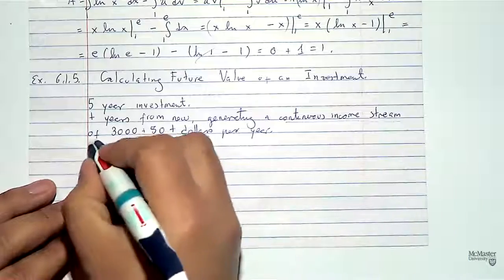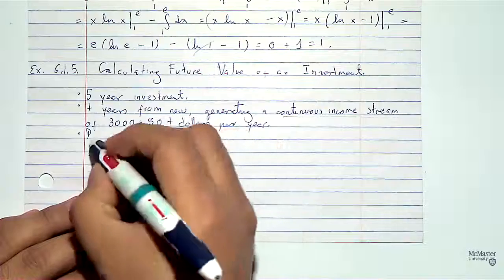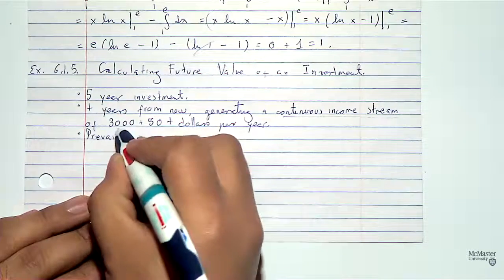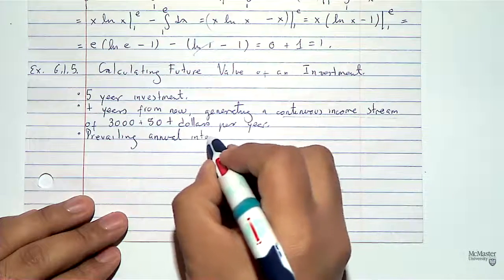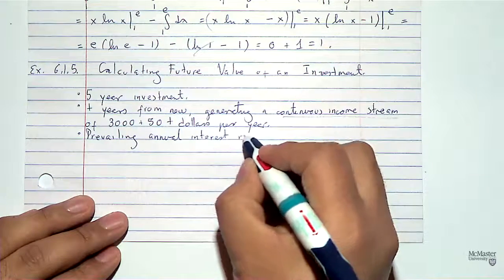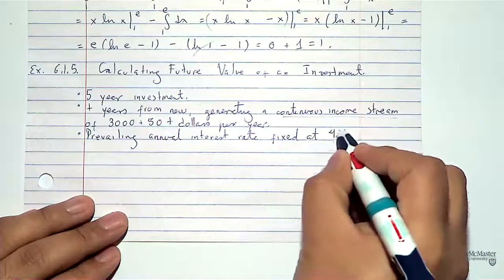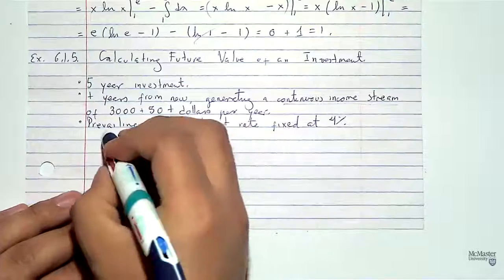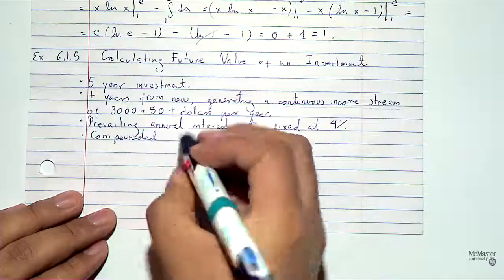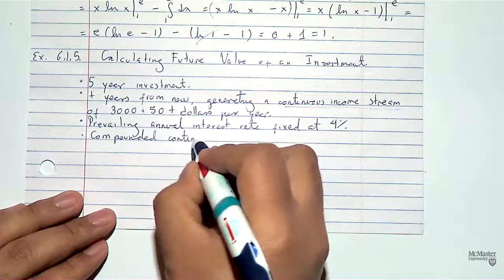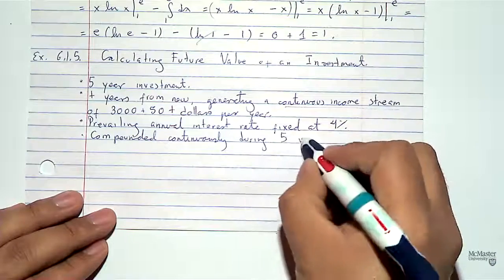What you also know from the statement, so this is one point, the other point, third point: the prevailing annual interest rate is fixed at 4%, and you will do a continuous compounding during 5 years.